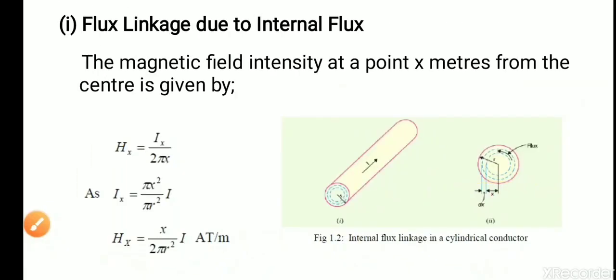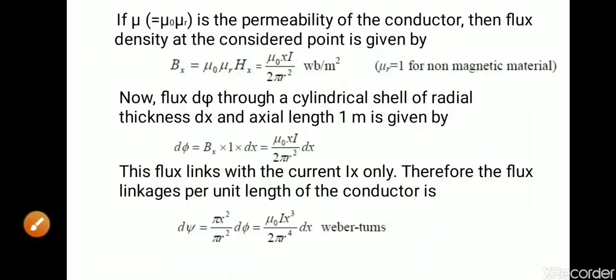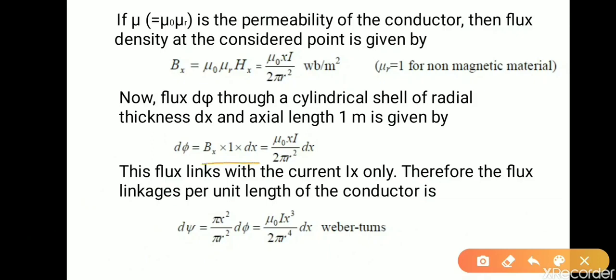So this dφ will be equal to B(x) into 1 into dx, equal to μ0. We have already obtained the B(x) value in the above equation, so we will put it here. Then we will get μ0 xI by 2πr² dx.